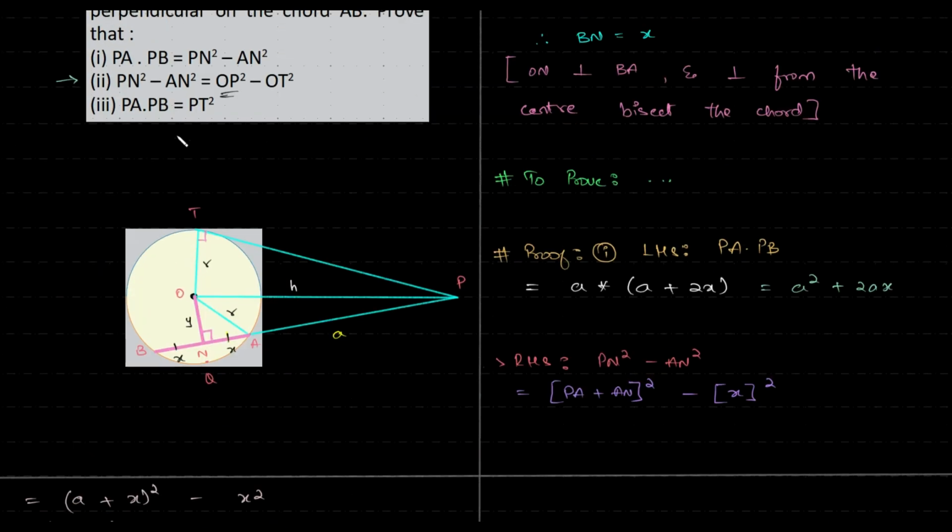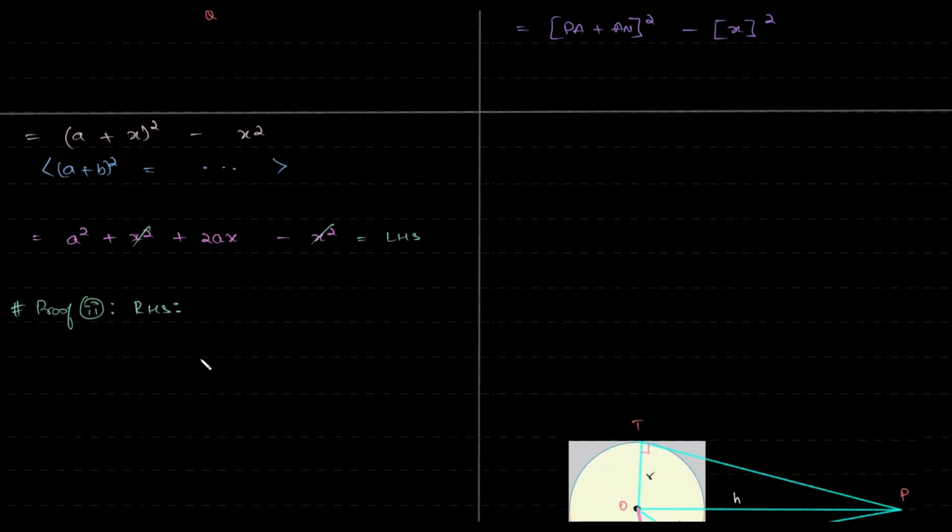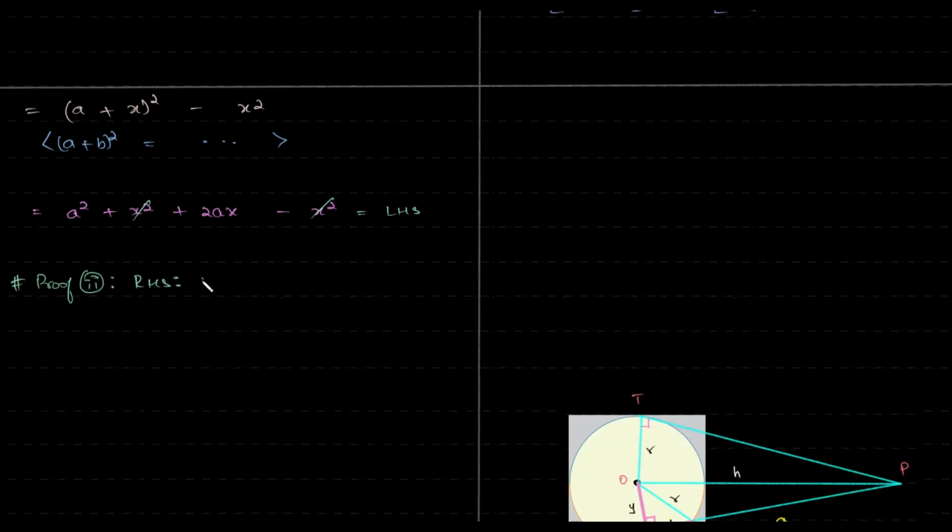We have PN square minus AN square is equal to OP, which is the hypotenuse, and OT, which is the radius. So the expression for the RHS is very simple. In the RHS, we have OP square minus OT square. This is equal to hypotenuse square minus radius square. Very simple. Let's not complicate that.